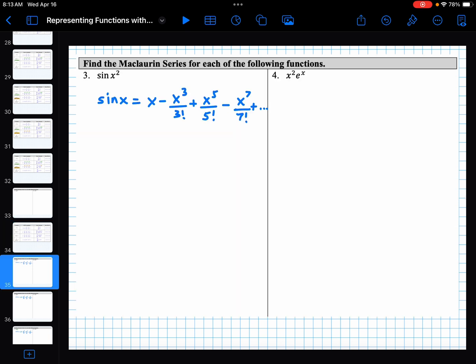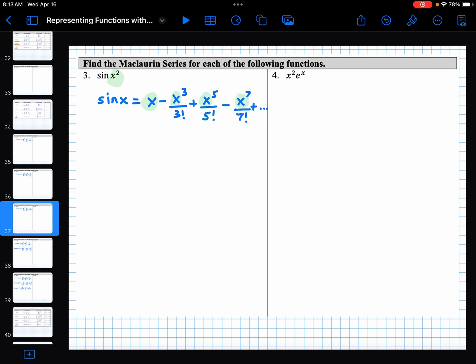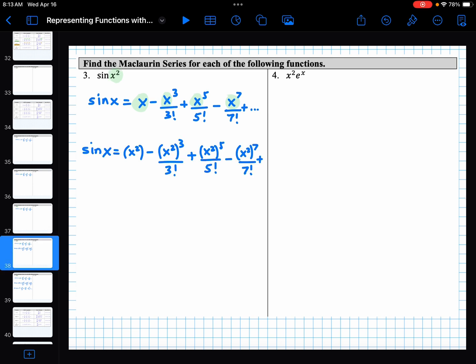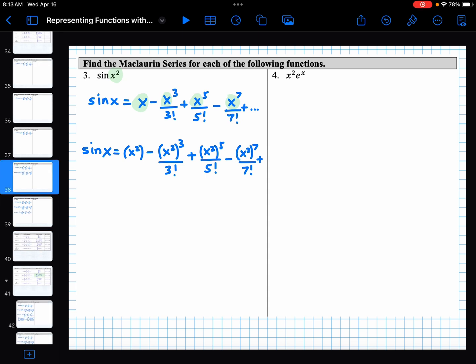Now, the only real change we have to make is that everywhere there's an x in our series, we replace it with the input for sine, which is x squared. So all of those x's are going to get replaced with x squared. And when you have a power raised to a power, remember you multiply the exponents. So it's going to look like that.